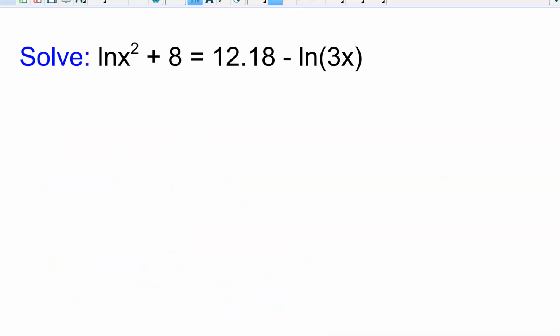Okay, so a little bit more complicated on this one, but I would treat the natural logs just like you would a variable. You want to get them both on one side. So I'm going to add the natural log of 3x to both sides. That's going to get rid of that.